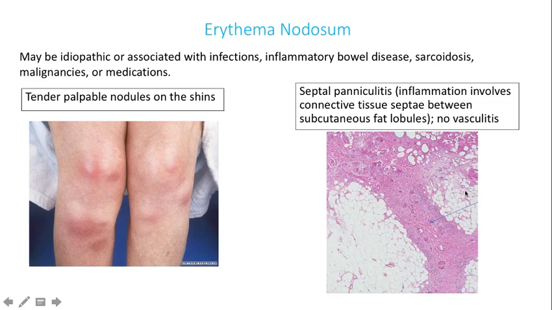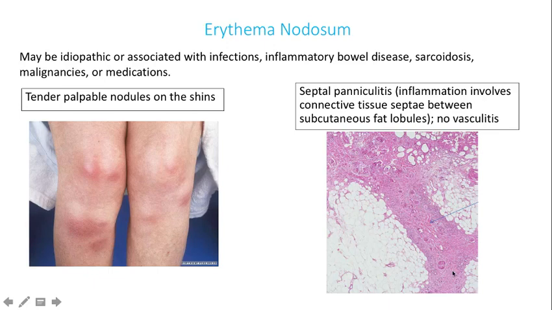And when we look at subcutaneous fat, normally there's a very thin kind of fibrous tissue septa that separates these lobules of fat, right? In this patient with erythema nodosum, that fibrous septum is very wide and it's filled with multinucleated giant cells, lymphocytes, inflammatory infiltrates.